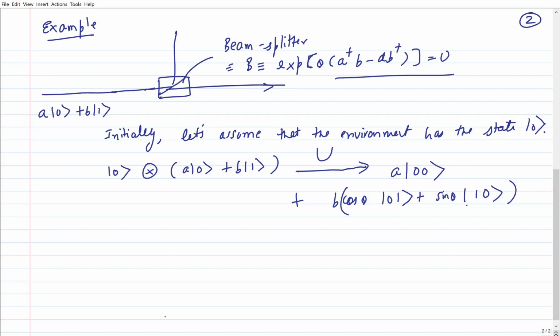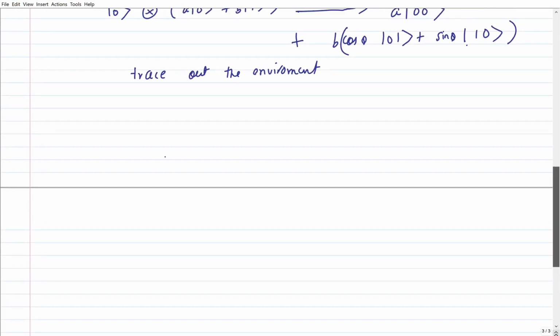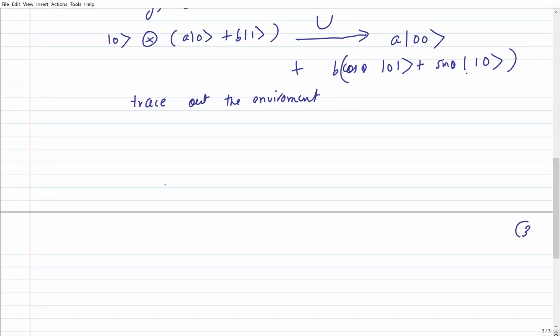Now one may trace out the environment to see the effect on the system. And well, why don't we just explicitly do it? We try to trace out the environment.